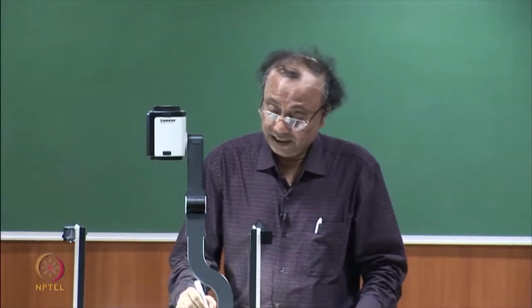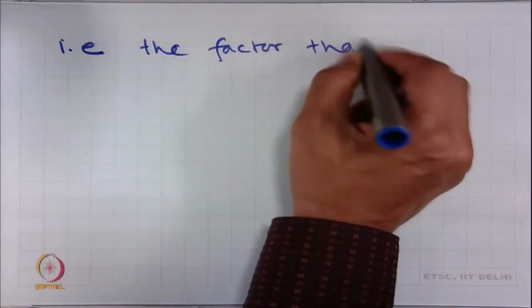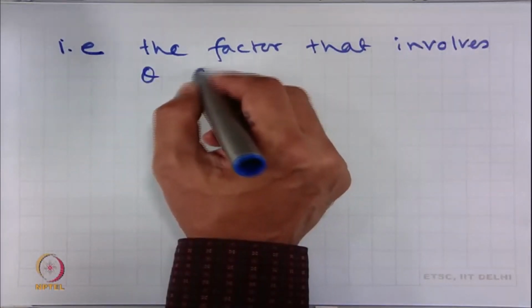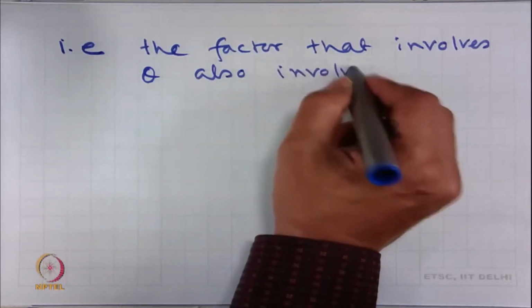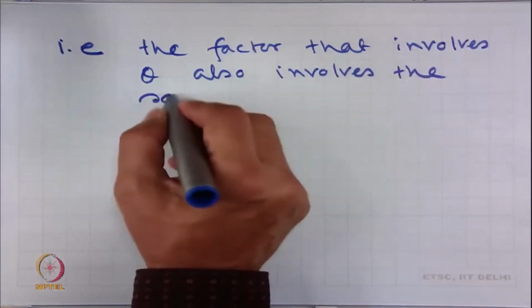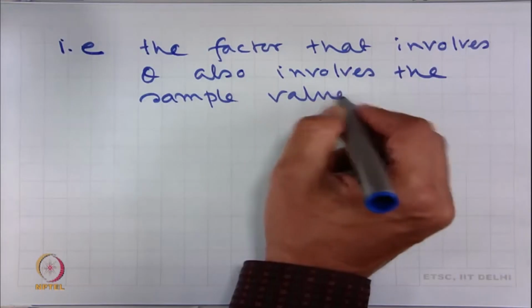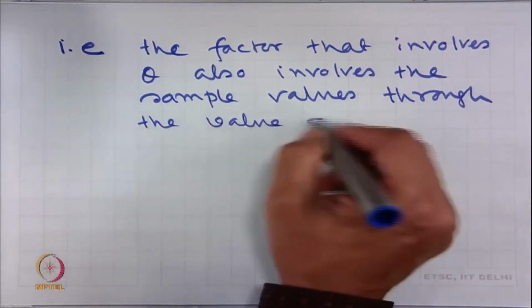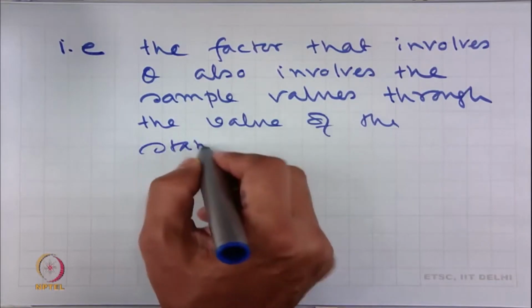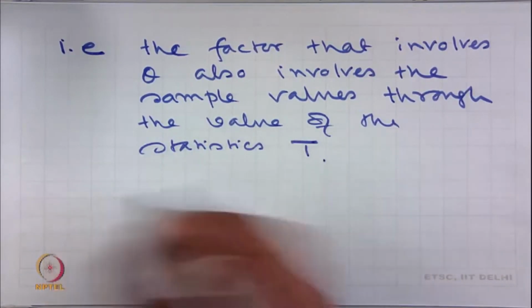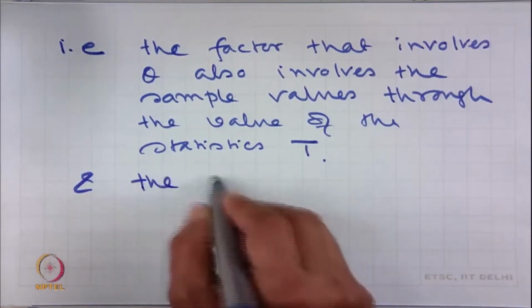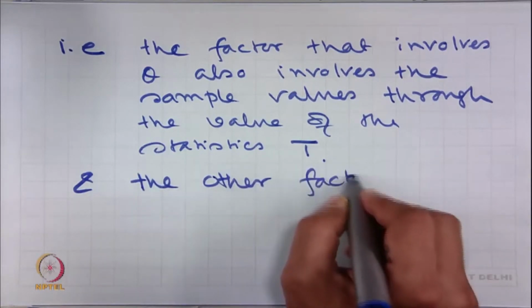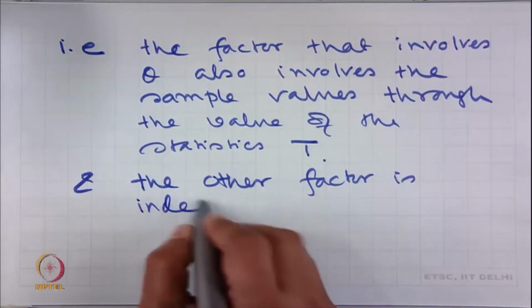Therefore, what it is saying is that the factor that involves theta also involves the sample values through the value of the statistic t, and the other factor is independent of theta.